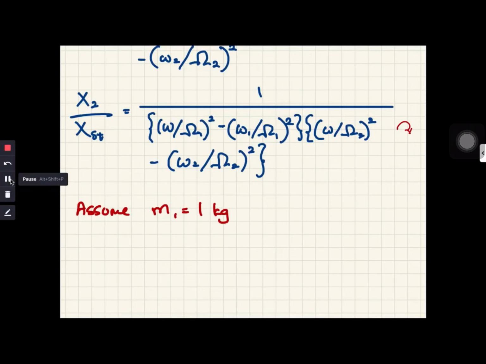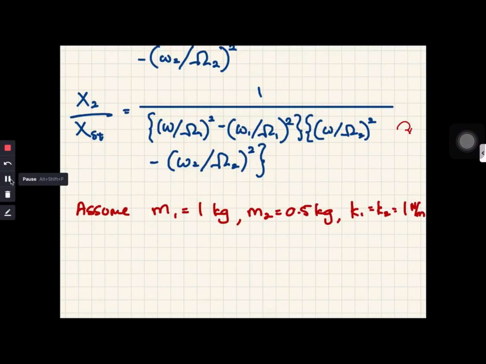So m1 is 1 kilogram, m2 is 0.5 kg, and k1 as well as k2 is equal to 1 Newton per meter.